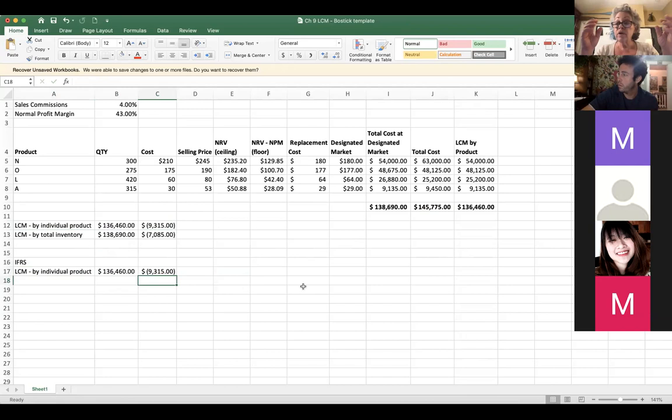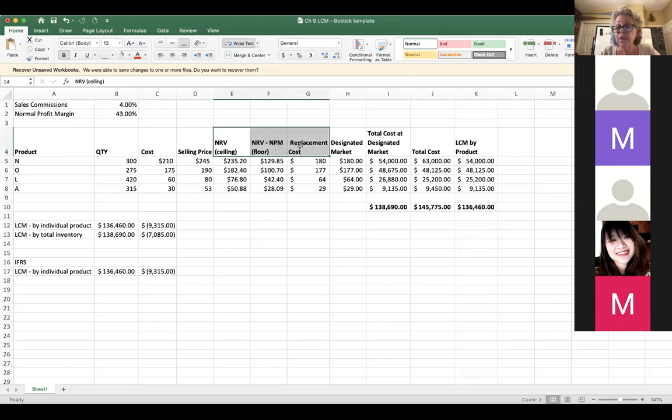All right, so under LCM, which is the method that we use to calculate how much inventory we have to write down, we can do it either by total or by individual product. Under LCM, the M is the middle number between NRV minus a normal profit, and replacement cost.